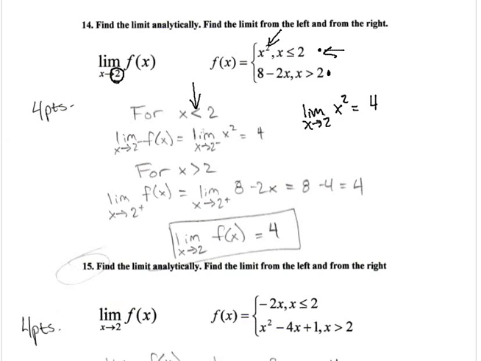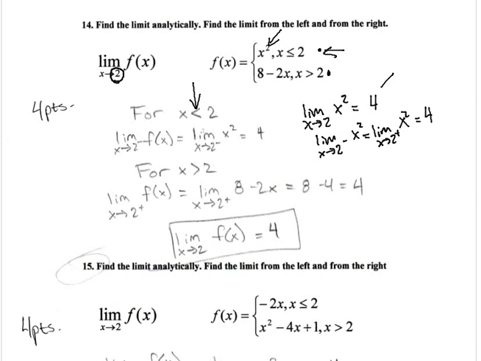So if this limit is defined, one of the things about that is that the limit is equal as you approach both from the left and from the right. So the limit as x goes to 2 on the left of x squared is equal to the limit as x goes to 2 on the right of x squared, which is equal to 4.